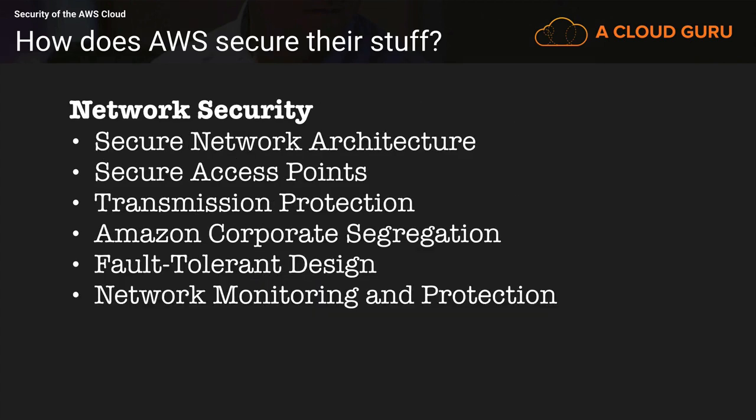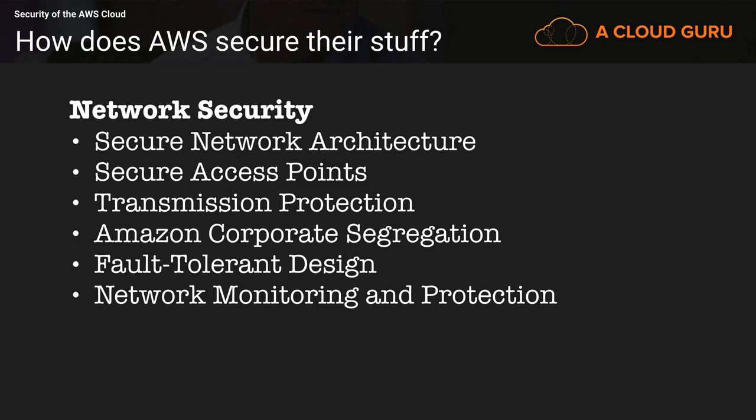So from a network security point of view, they have secure network architecture and secure access points. If you think about Amazon, everything is available as a public API, so they've got to secure those access points. Transmission protection is things like SSL certificates. Every time you try to upload something to S3, you're going to try to use the HTTPS address instead of HTTP.